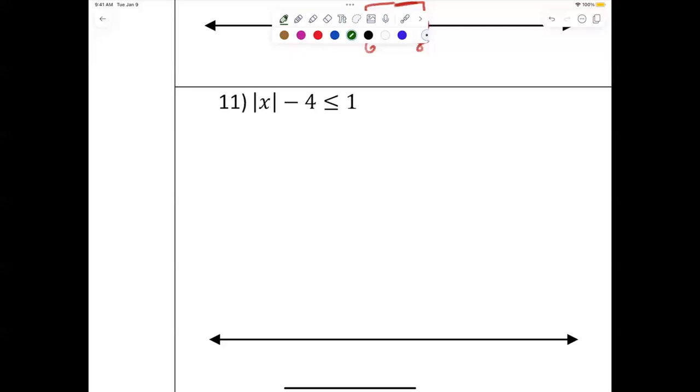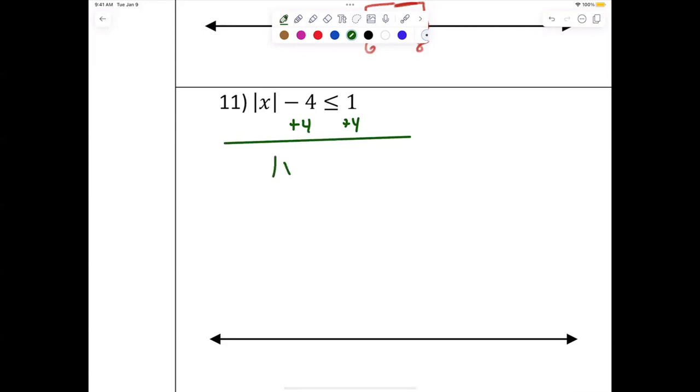Isolate the absolute value. So when I isolate the absolute value, I add 4 to both sides first. Now I have the absolute value of x is less than or equal to what? What is it? 5. Come on, guys.